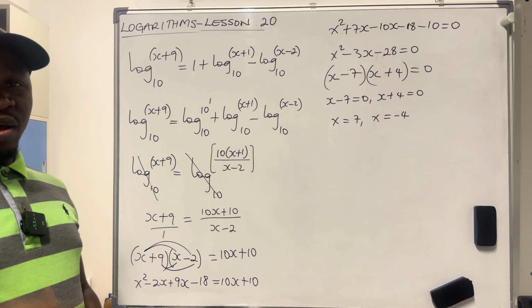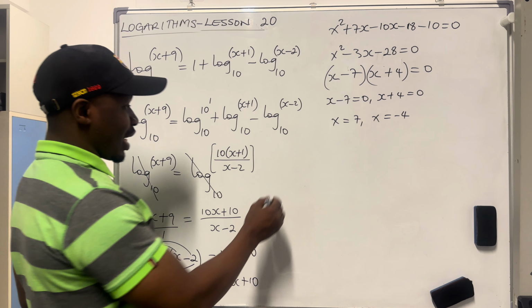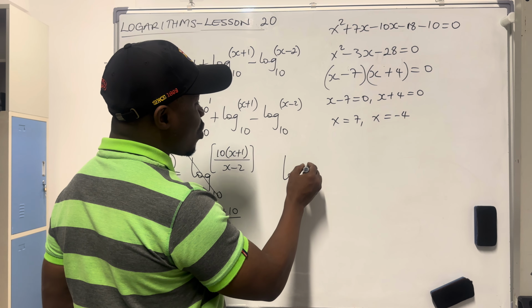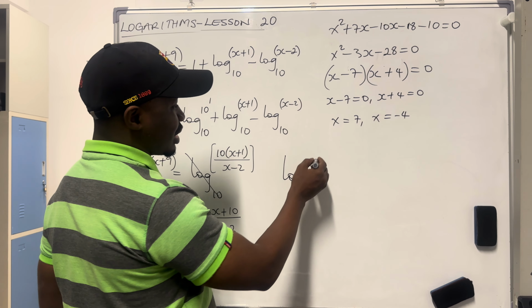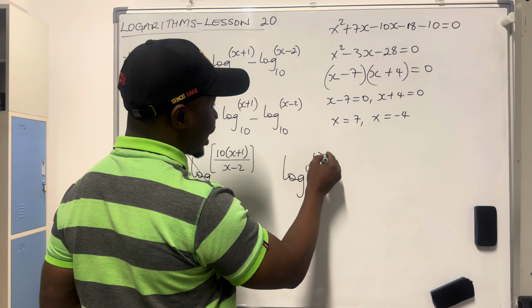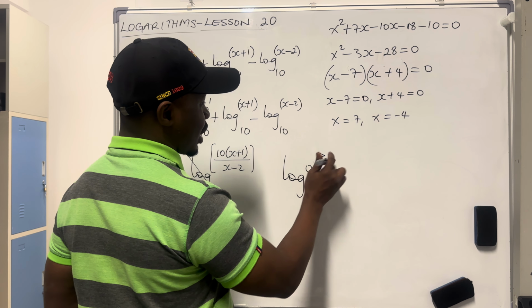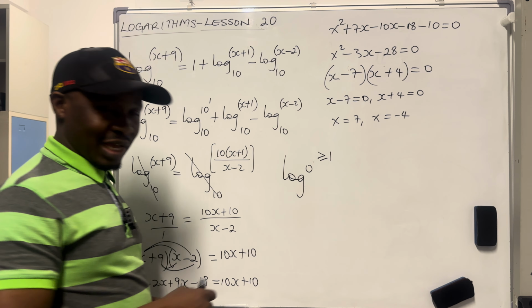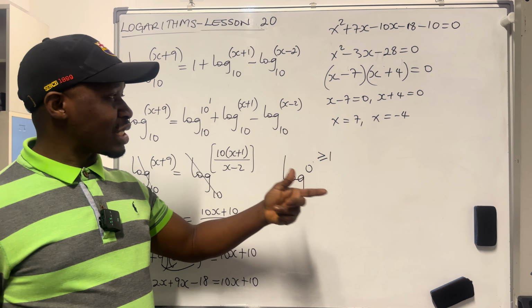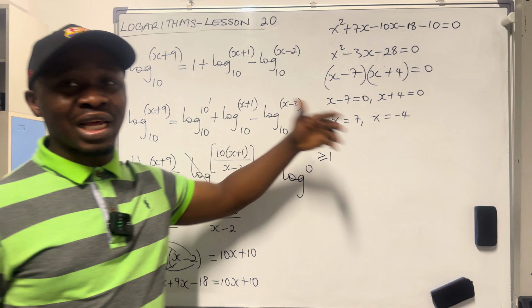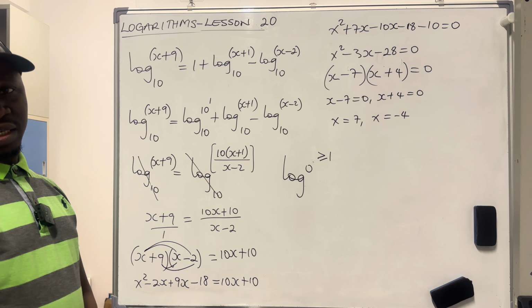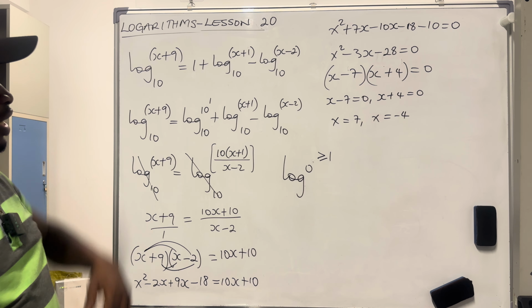How do we know? We have a rule in logarithm that the log number cannot be 0. It can be 1 or greater. So if it has to be 1 or greater, let's see which of these satisfies the equation here.